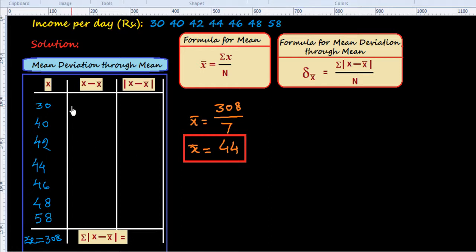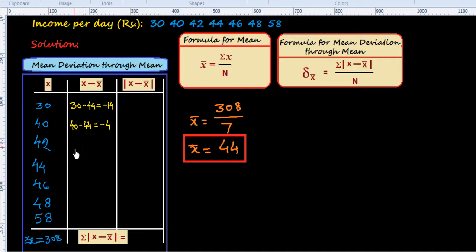I put down here x is 30 minus 44. 44 is the mean. We have to find out the deviation from mean. We get minus 14. Now here you see it is 40 minus 44.